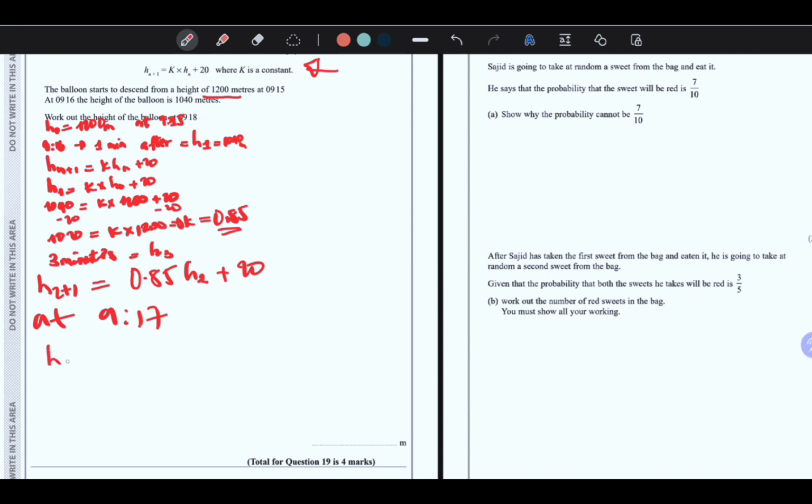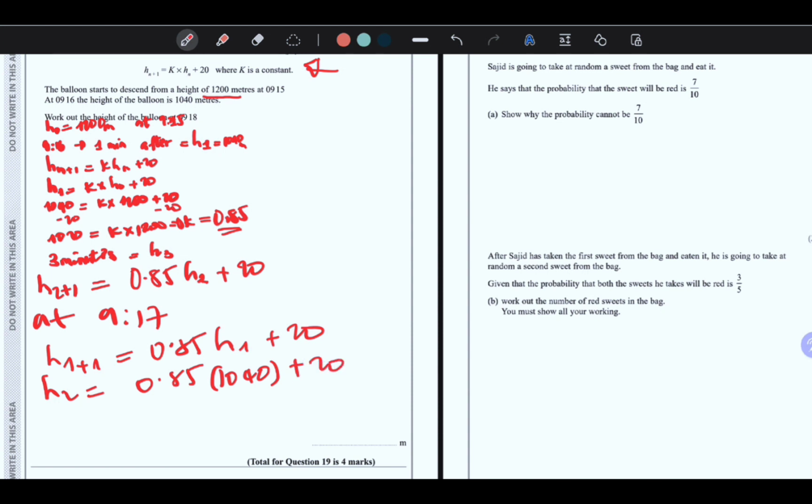So we have h1 plus 1 equal to 0.85 h1 plus 20. So h2 would be equal to 0.85 times h1, the height after 1 minute, which is 1040, plus 20.